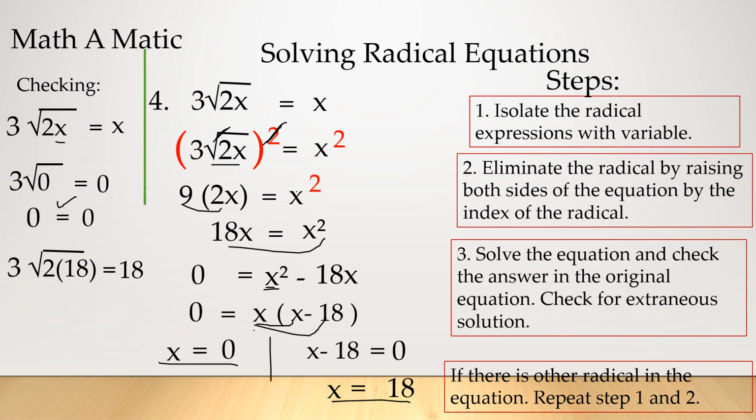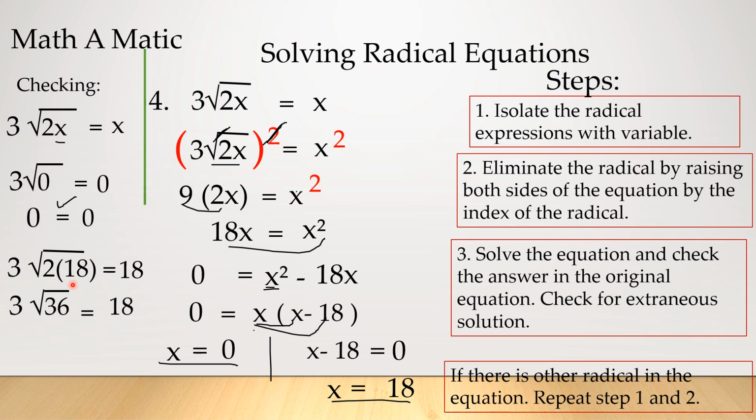What about if x is equal to 18? So we have here 3 times the square root of 2 times 18, where x is 18, is equal to 18. Now, what is 2 times 18? So we're just going to copy 3. And then 2 times 18, that is 36.